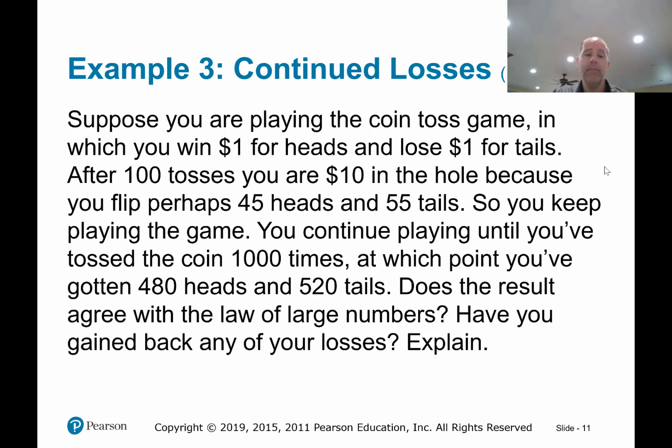And the answer is, one, yes, it does. It does conform to the law of large numbers because it did get closer to that 50-50, right? The one half. Okay, but nonetheless, you are further in the hole. So again, the law of averages is not a real law.